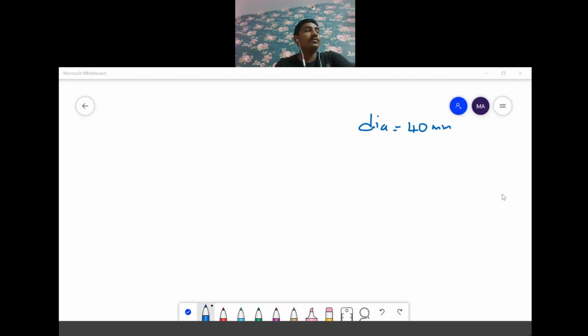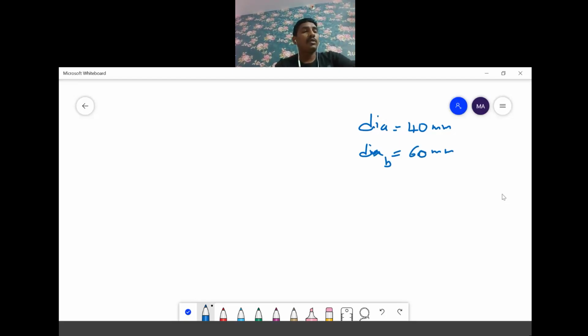A sphere of 40 mm diameter is placed centrally over a frustum of a cone.